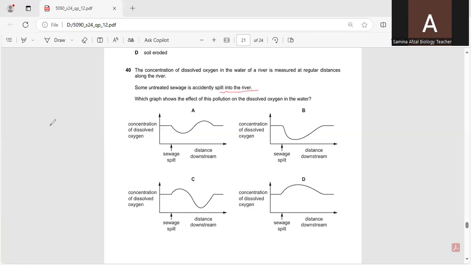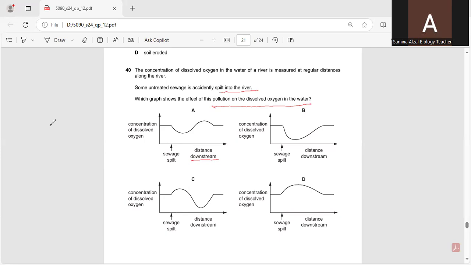Which graph shows the effect of the pollution on the dissolved oxygen in the water? The x-axis shows the distance downstream where the sewage is spilled, and the y-axis shows the concentration of dissolved oxygen.